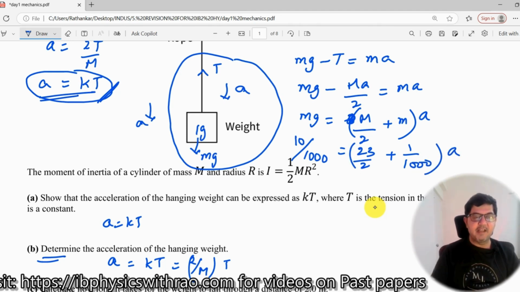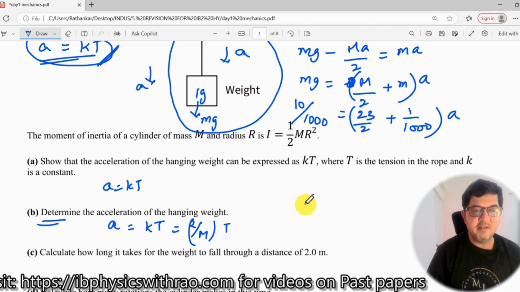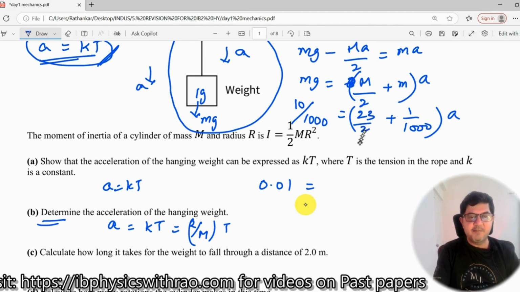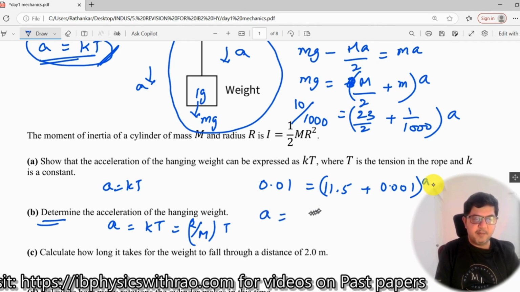I can calculate this: 10 by 1000 is nothing but 0.01, equal to 23 by 2, which will be 11.5, plus 0.001 multiplied by a. The value of a would now be 0.01 divided by 11.501.